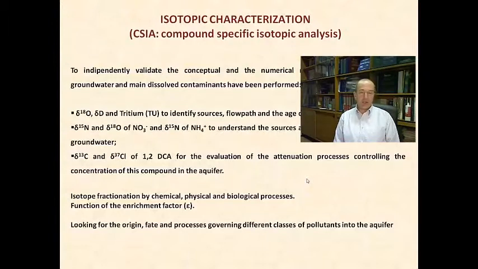And we also have the possibility to analyze the chlorinated solvents, and in this case we analyze the delta 13 carbon and the delta 37 chlorine for 1,2-DCA, one of the main compounds found in groundwater in the class of chlorinated solvents.